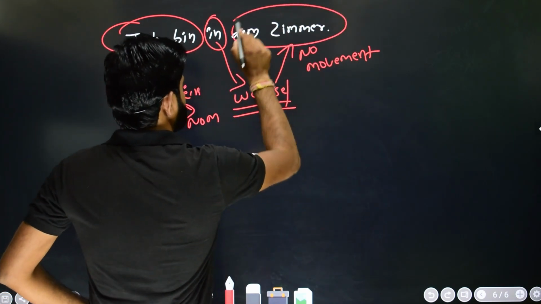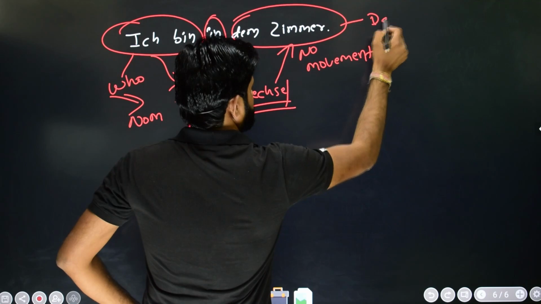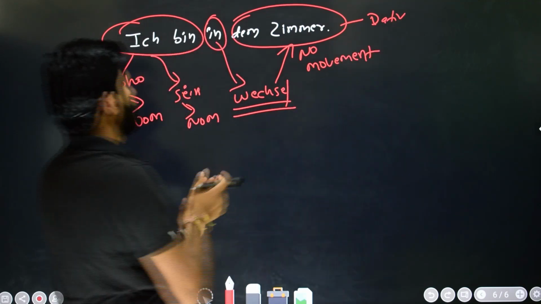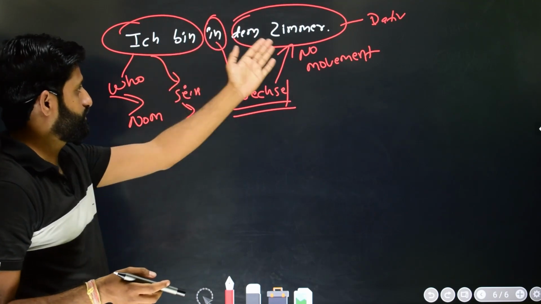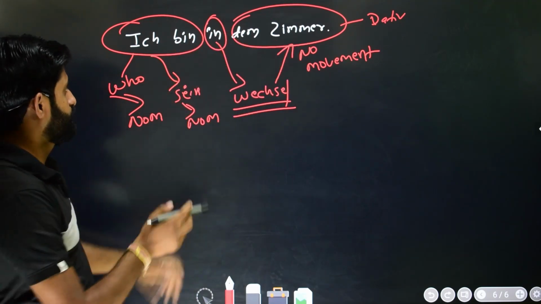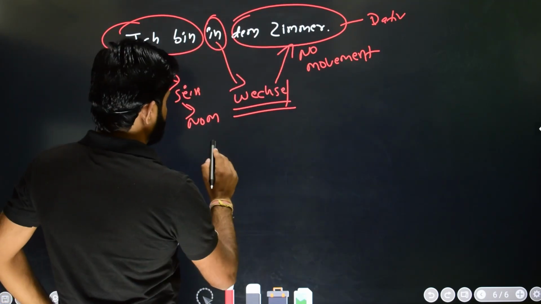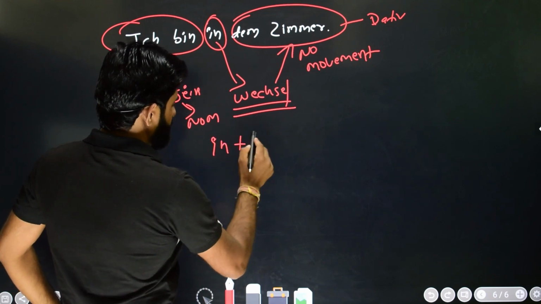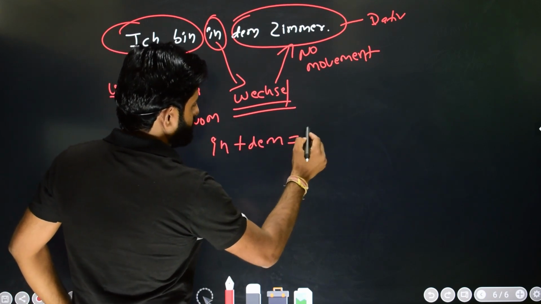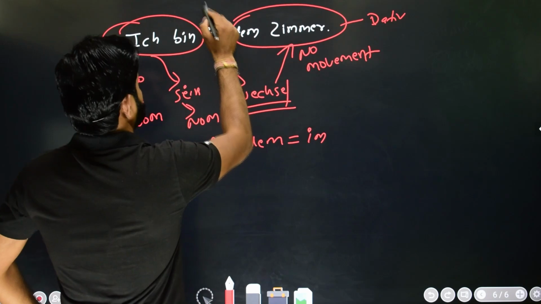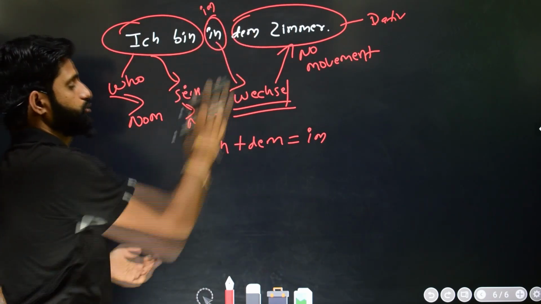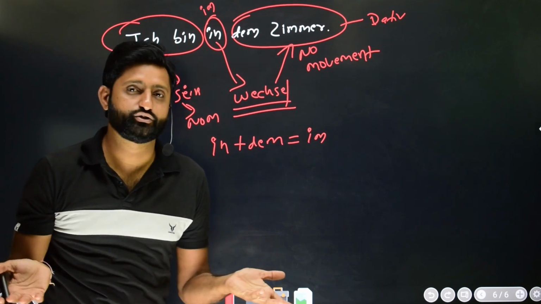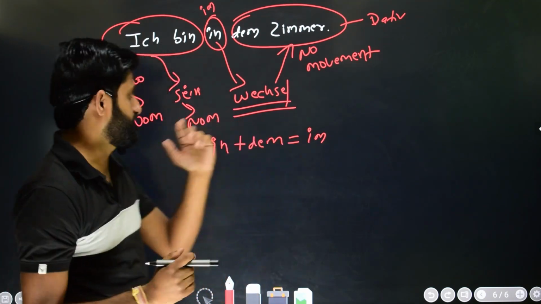This part of the sentence is dative. Ich bin in dem Zimmer. So ich bin is nominative, dem Zimmer is dative. We can write a short form of in dem. In plus dem, we can write im. So we can write im. Ich bin im Zimmer. Then we need not add dem here. Ich bin im Zimmer. Hey, wo bist du? Jetzt bin ich im Zimmer. You can say it like this.